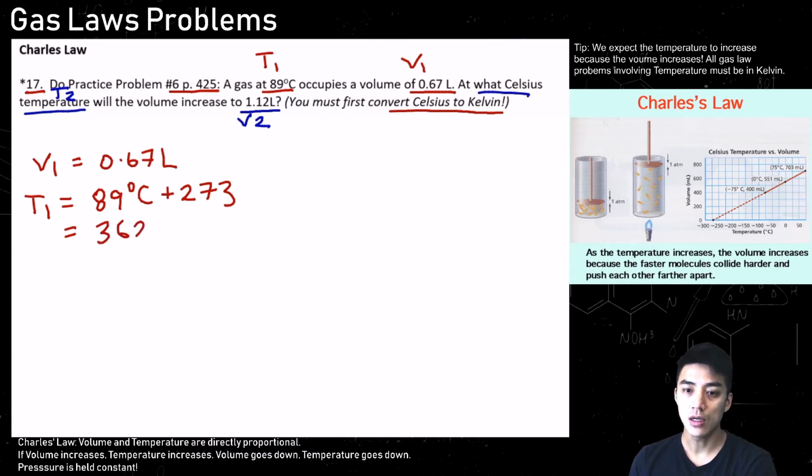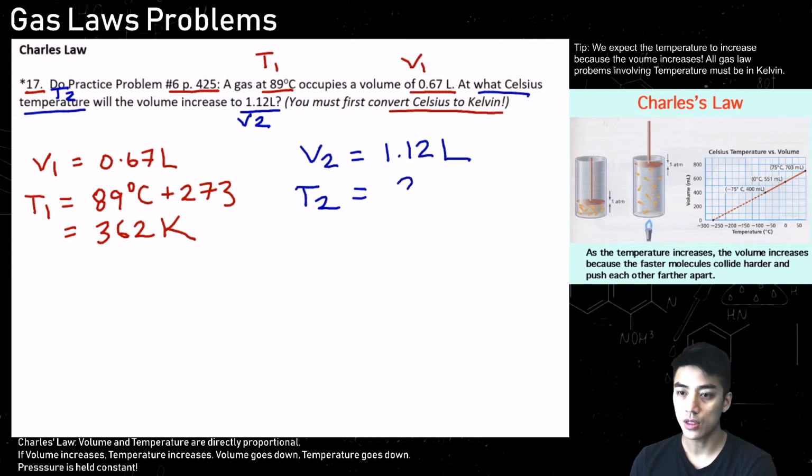So from now on, we're going to plug in 362 Kelvin for T1. Our V2 is given as 1.12 liters, and our T2 is a question mark, so that's what we're going to set out to solve for. We're going to solve for T2.